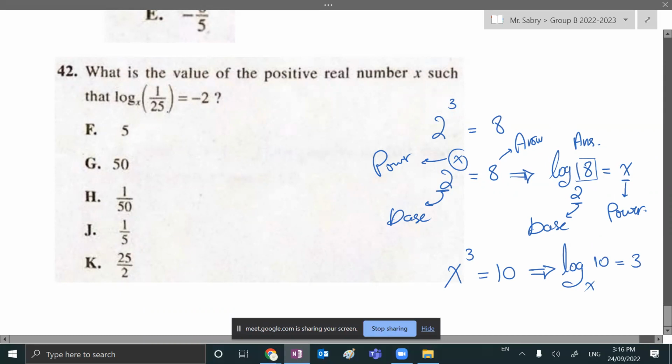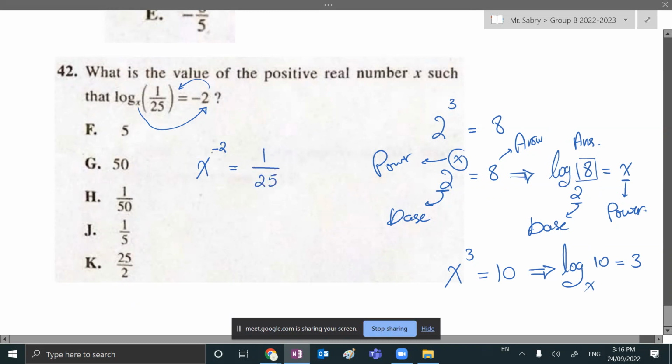This case is exactly similar. When you have log base x of something equals -2, if you want to reverse it, it would go x to the power of -2 equals this. x to the power of -2 equals 1 over 25.